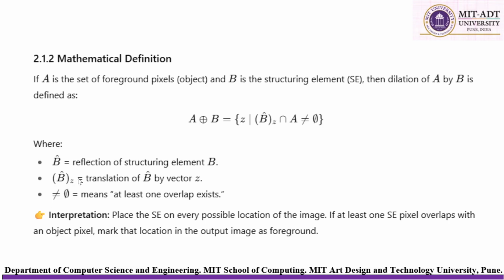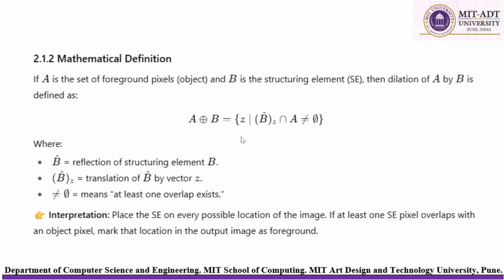This is denoted with a certain vector, so this translation factor denotes the vector Z. Then not empty means at least one overlap should exist. That's why we are considering it, so that only then the dilation occurs, otherwise it won't occur.